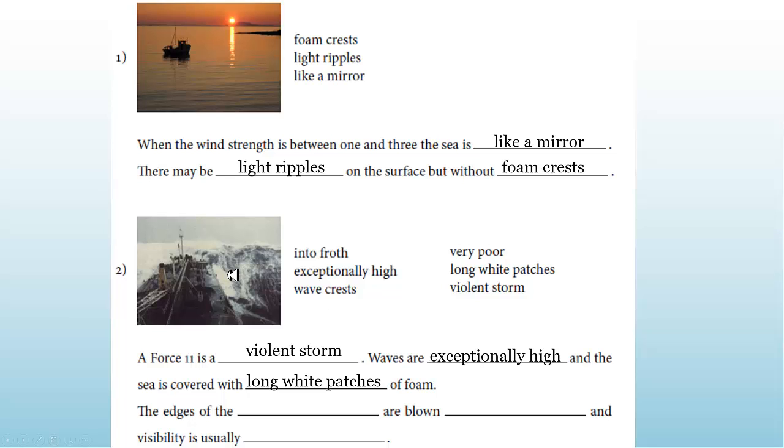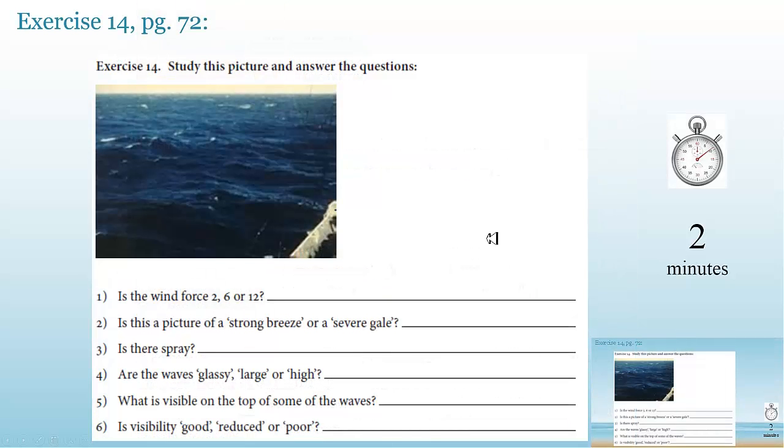You can see it here in the picture. The edges of the wave crests are blown into froth. Yes, and visibility, sicht, is usually very poor, I would imagine. Yes, good, great, terrific. Let's go on to the next one.